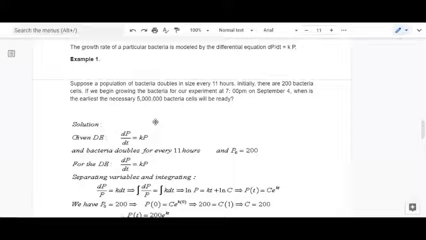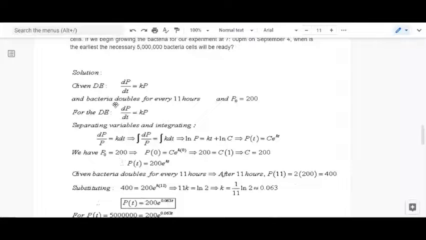So the company needs to know how long it should take to produce 5 million bacteria cells, given that every 11 hours the initial population doubles. We are given this formula, a differential equation: the rate of change of the population over time equals the rate times the population.